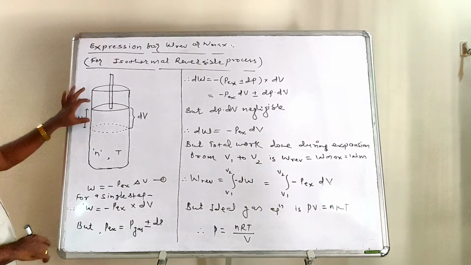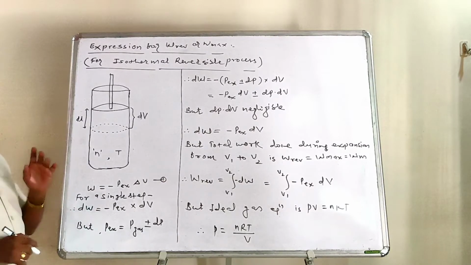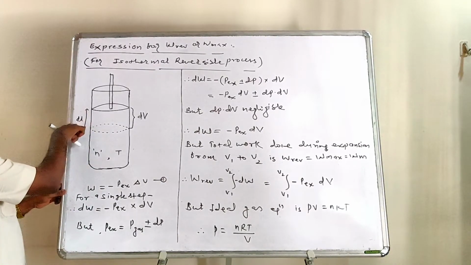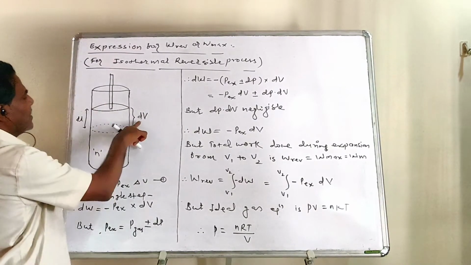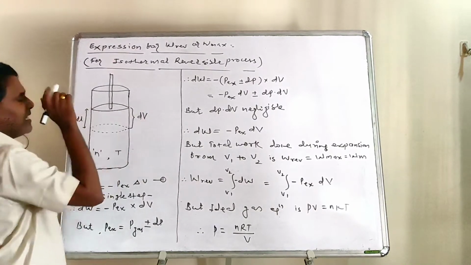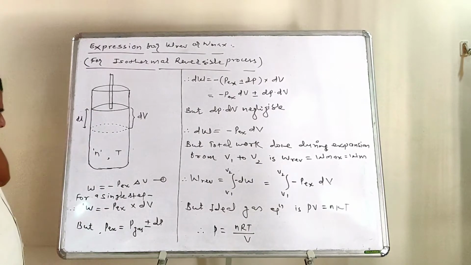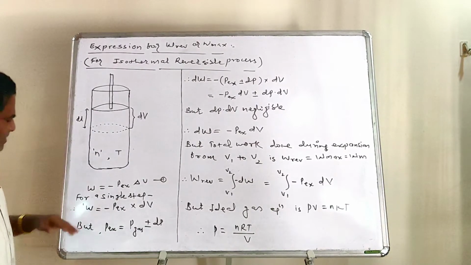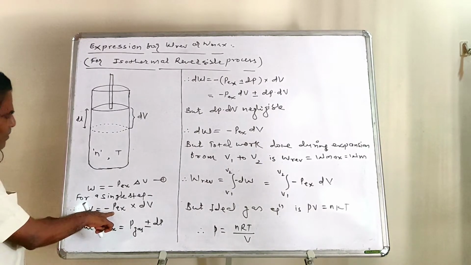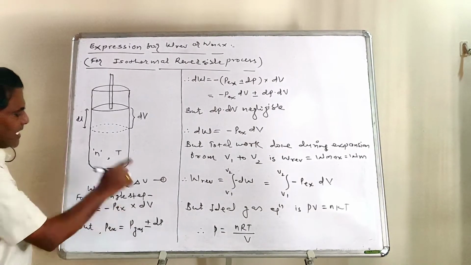That distance is equal to say dl, and that's why the corresponding infinitesimal small change in volume will be equal to say dV. And in this single step, the work done will be very small, dW infinitesimally small, and it is equal to minus P external into dV.